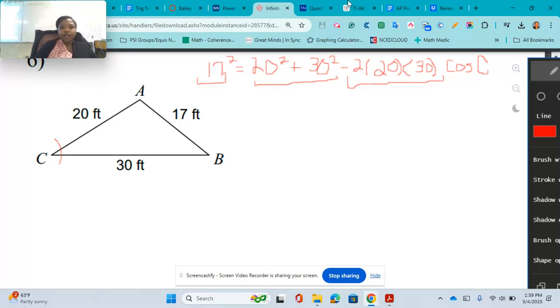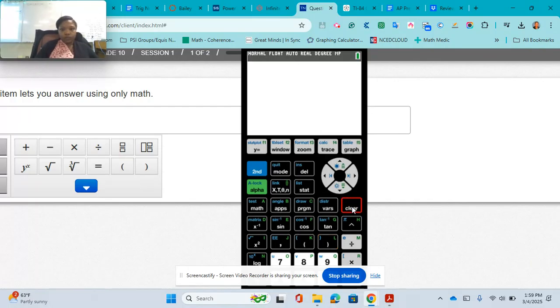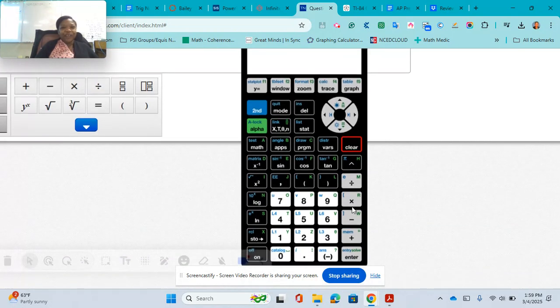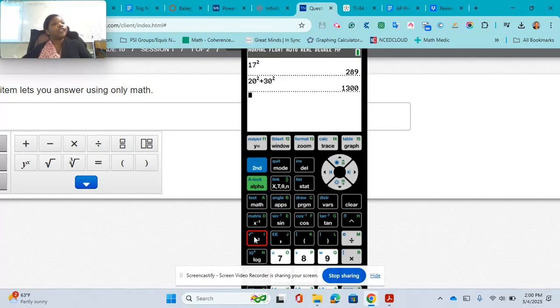All right. Calculator, activate. We're going to do the 17 squared. We have 289. Then we're going to do the 20 squared plus the 30 squared, and that's going to give us 1,300.